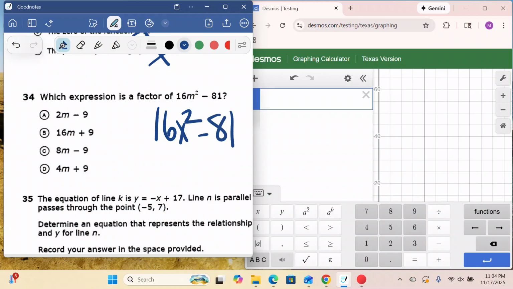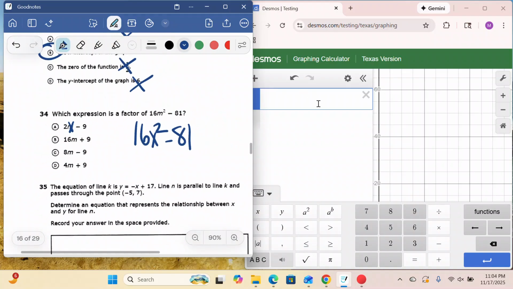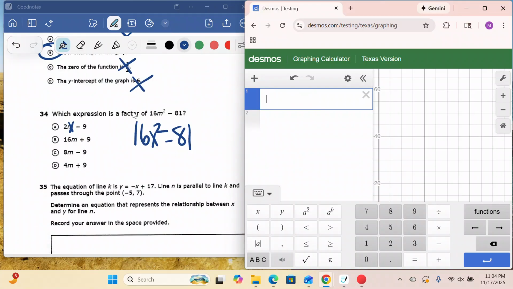For every single one of these, instead of m, I'm going to change it to x, and I can go ahead and input that into Desmos. So first I'm going to input the first equation, which is a quadratic, 16 x squared minus 81.